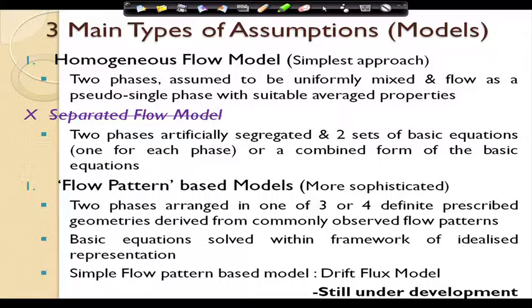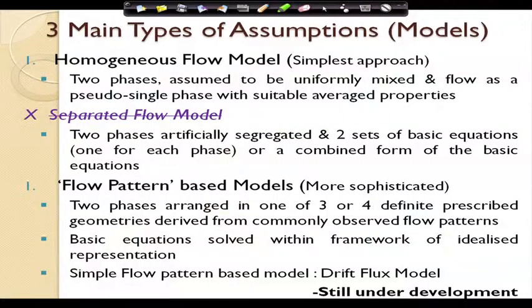This is the simplest thing which is done, and this gives rise to the homogeneous flow model. The other extreme which we consider for macro systems is that the two phases are artificially segregated, and we write two sets of basic equations. That means two sets of mass, two sets of momentum and two sets of energy equations for the two phases. And then we either try to combine the two sets of equations to form a basic equation and solve it.